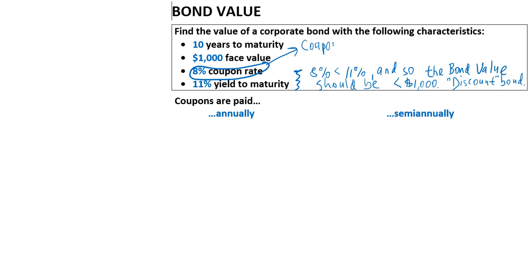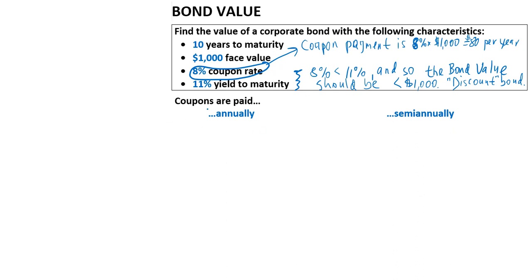So the coupon payment is equal to 8% coupon rate multiplied by $1,000, and we get $80 per year, right? An $80 coupon amount. So that's two things that you could right away figure out.